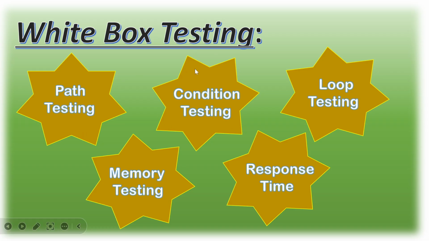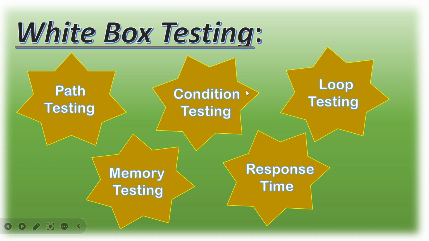Alright. In condition testing, developers check that all the written programs are executed for both true as well as false conditions. Whatever different conditions they have mentioned, they will be checking whether they are executed for all the true and false conditions.